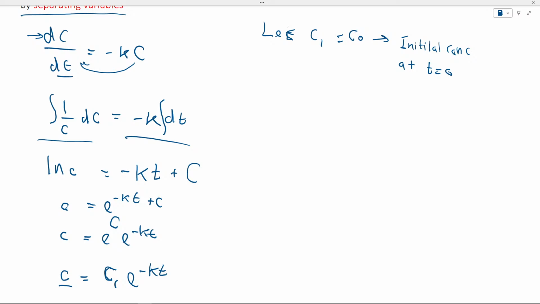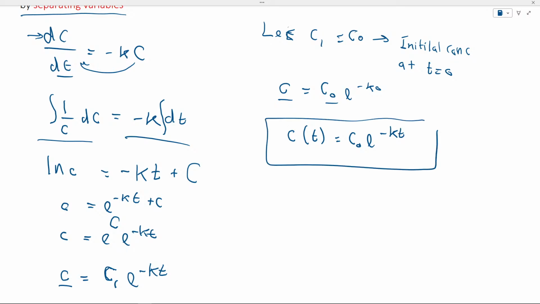So if I put it, I have C naught, and that is E minus K to the power 0. So I have C is equal to C naught. Then I can express concentration as a function of time as C naught, my initial concentration at time equal to 0, E minus KT.